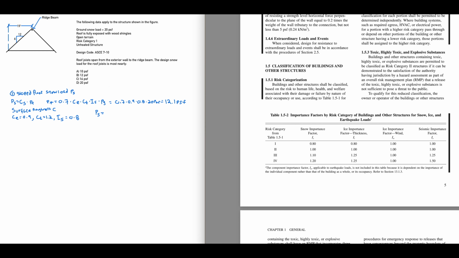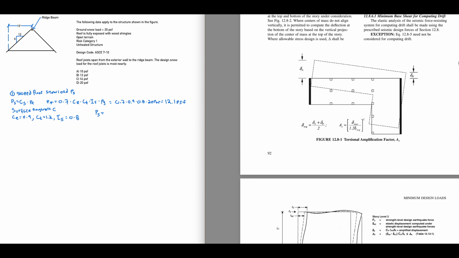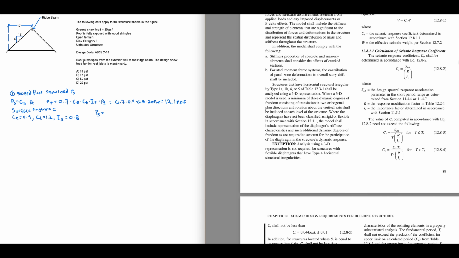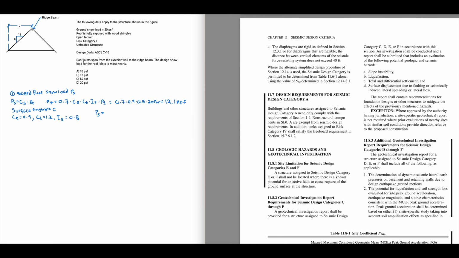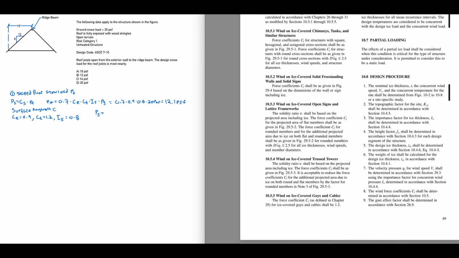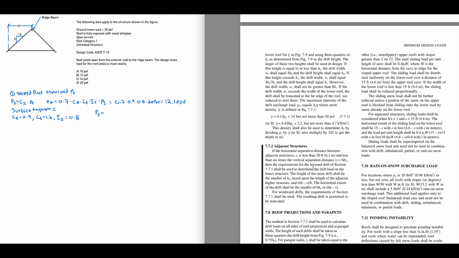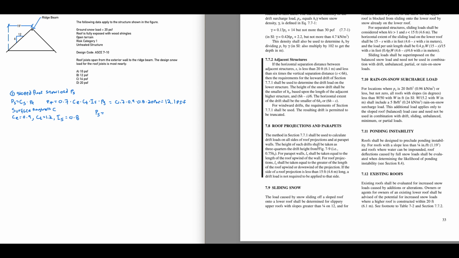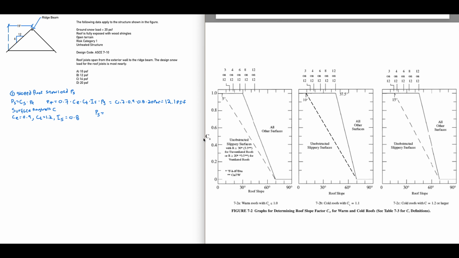So if we go back to chapter 7, all right, if we go to this figure here, we will find CS for different roof slopes.